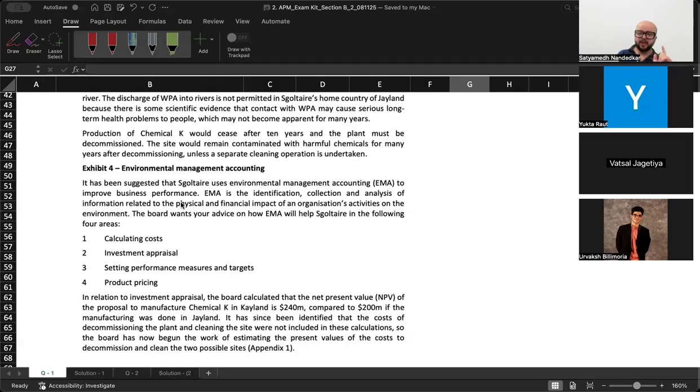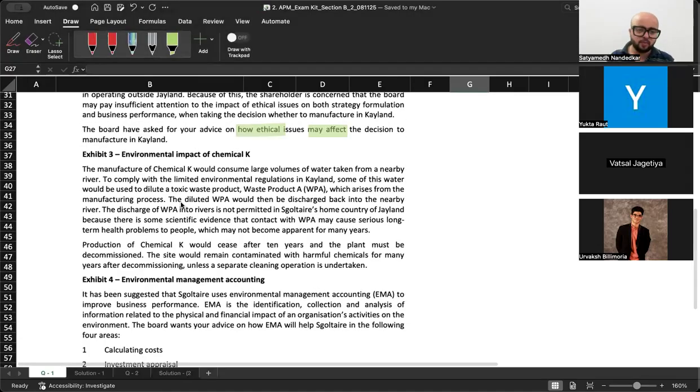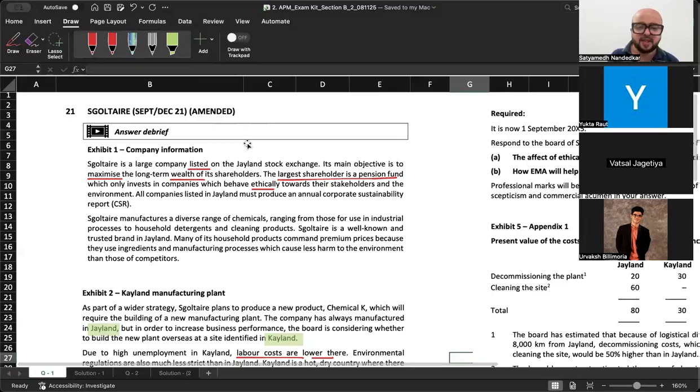First thing is calculating cost. Now observe one more thing which we had underlined. The company is listed in this country, right? And the company must produce an annual CSR report. That is also written for you.